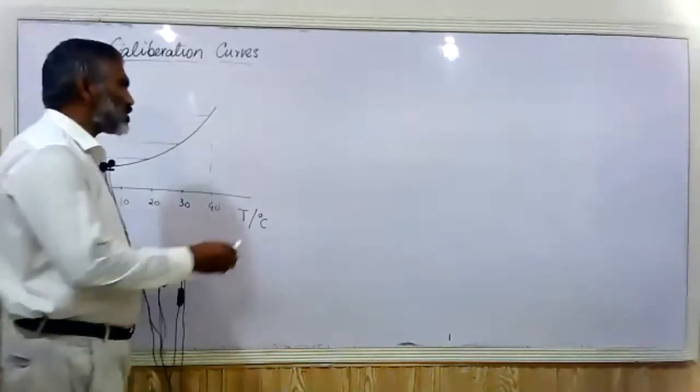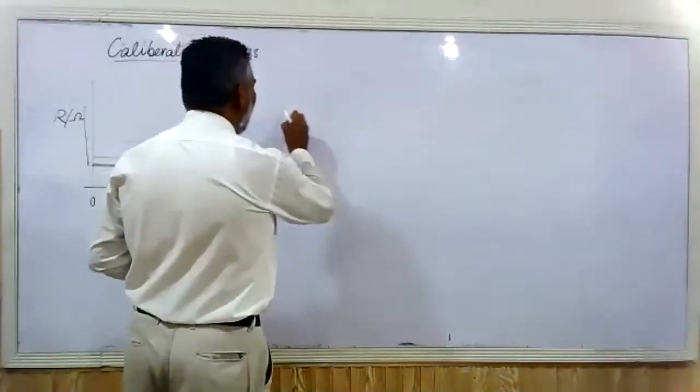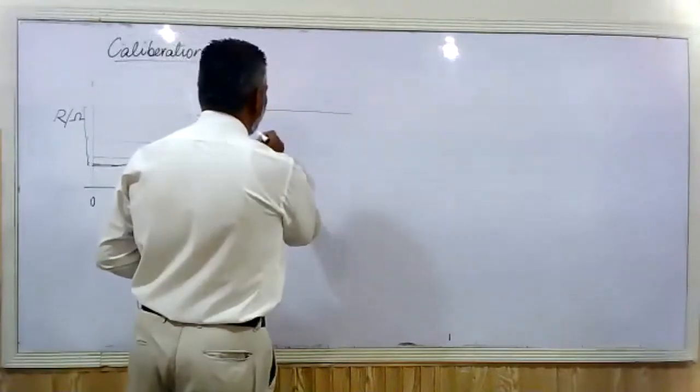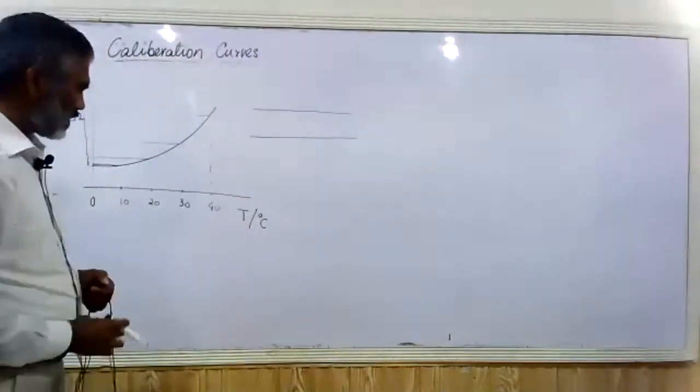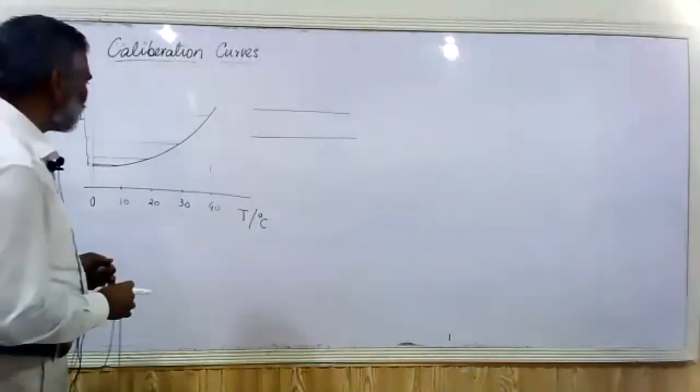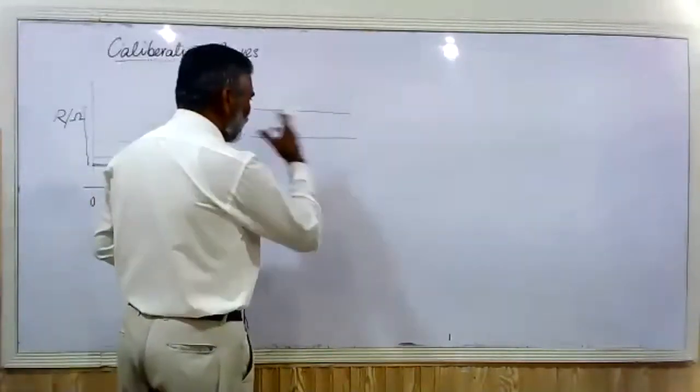If we are asked to mark the size of the divisions on a scale like this, what should be the size initially, and what will happen to the size as we go to the higher temperature? This graph clearly helps us that initially the size of the division is very, very small.